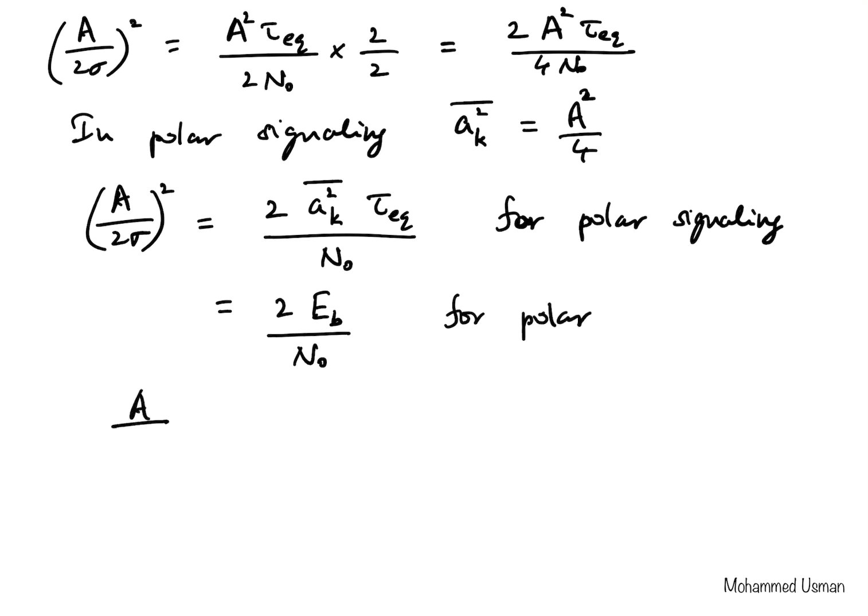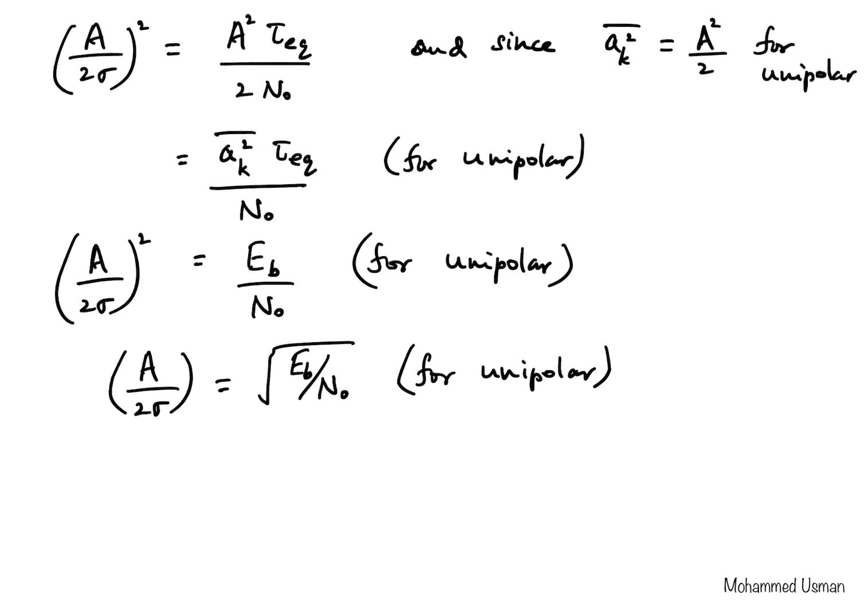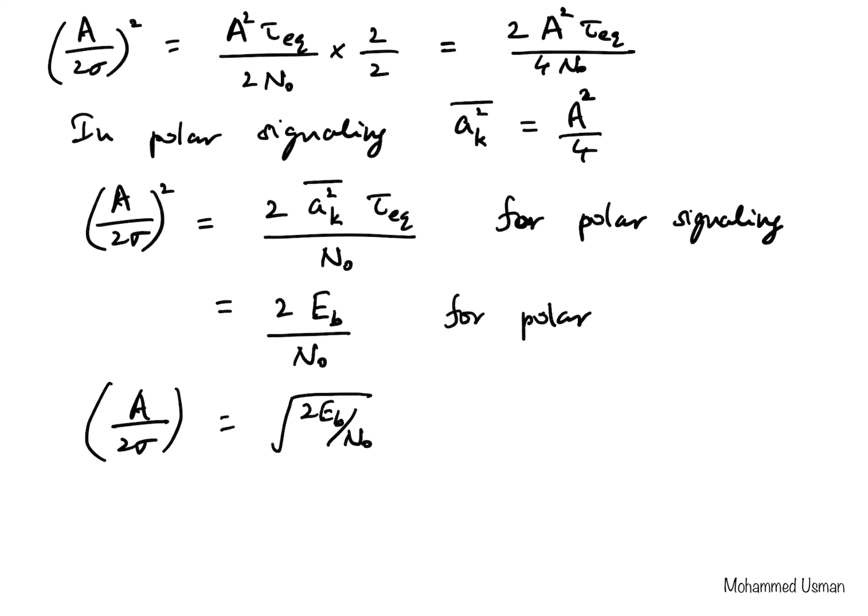Okay, so we can now write a by 2 sigma as the square root of 2 times Eb by n naught. So again, what we notice is that comparing unipolar and polar, this a by 2 sigma term, in the case of unipolar, is the square root of Eb by n naught, and for the polar case, it is the square root of 2 times Eb by n naught. So there's a factor of root 2 involved here.